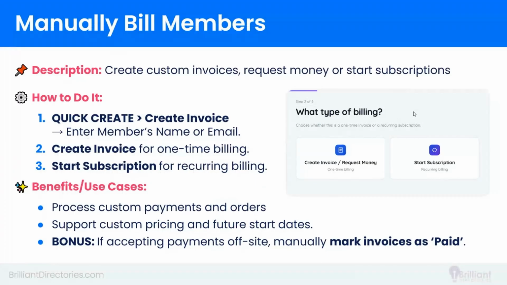So you could either go the normal route and manually mark invoices as paid, or again, if you're manually billing members here, kind of outside of those membership plans, once you create a one-time invoice or start a subscription through this manual method, through the quick create actions, you can then just find that invoice and mark it as paid. So you can still make sure that any transactions that happen offsite are still reflected within your BD website.